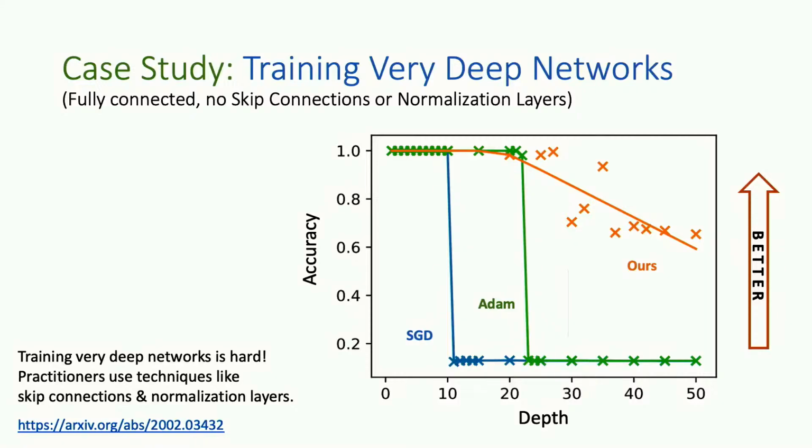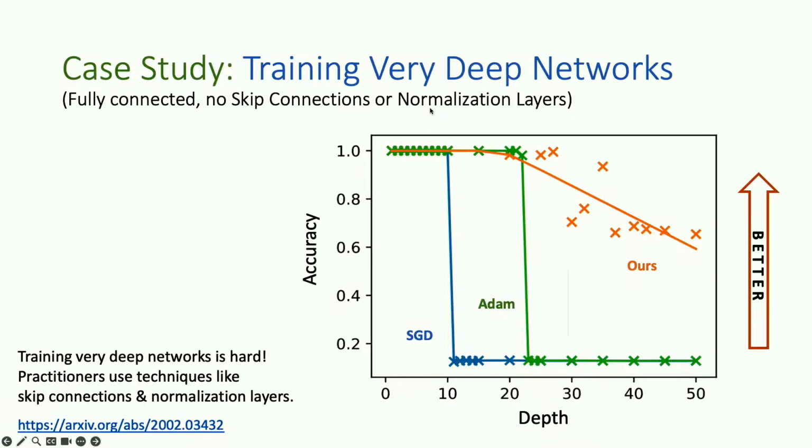Here's another case study. We just thought, what if we tried to train a really, really deep neural network that's normally really hard to train? This is not a neural network you might want to ever use in practice right now, because it is fully connected with no skip connections. Deep networks usually have residual skip connections, and no batch norm, no normalization layers. So this neural network is bare bones, no bells and whistles.